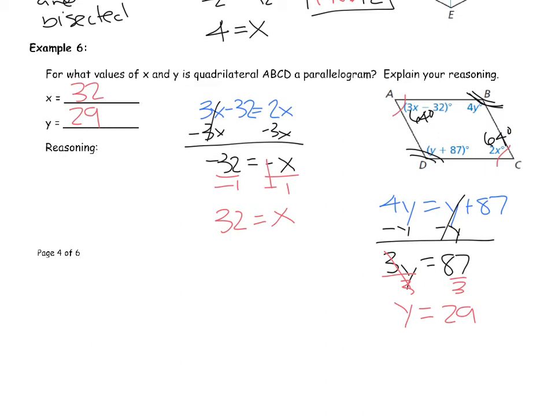So y is 29, so 4 times 29 leaves us with 116 degrees for angle B. So let's see if angle D is the same, which it should be. Y is 29, so you have 29 plus 87, and eureka! It is also 116. So we can conclude that quadrilateral ABCD is in fact a parallelogram because opposite angles are, shorthand, congruent.